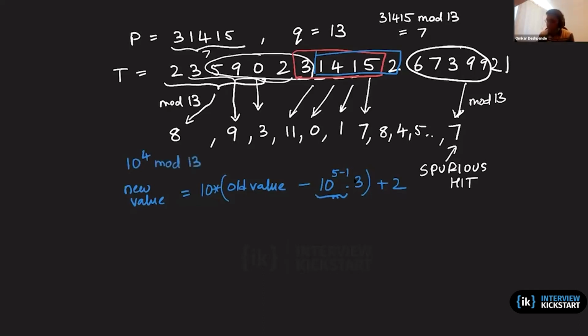We could compute its mod with 13, which is actually 3. So in effect, in the mod q system, 10 to the power 4 is really 3. So the old value, 31415 mod 13, was 7. So this is 7 minus 3 times 3.